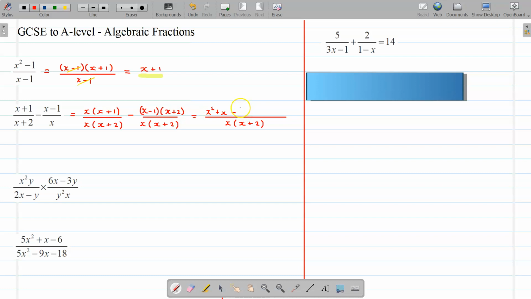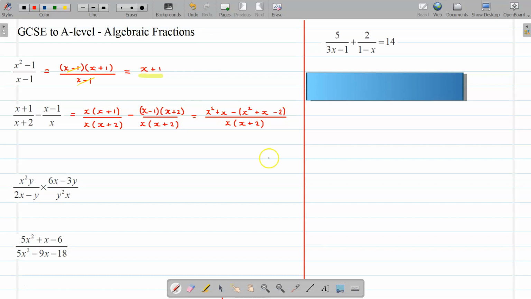So I'm putting the whole of that in a big bracket, so it's x times x, which is x squared, just using FOIL, first, outer, inner, last. So there's the first terms. The outer is plus 2x and the inner is minus 1x, so that leaves me with just plus 1x. And the last term is minus 1 times 2, which is minus 2.